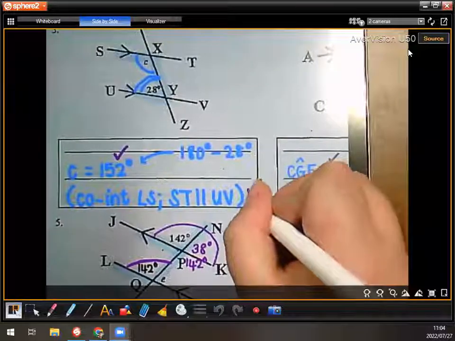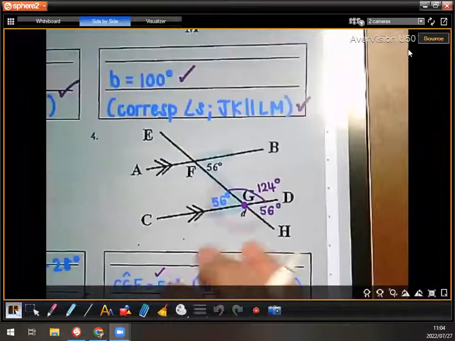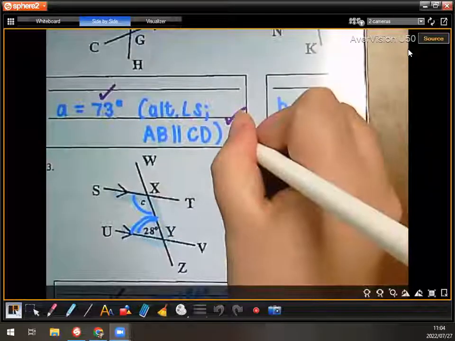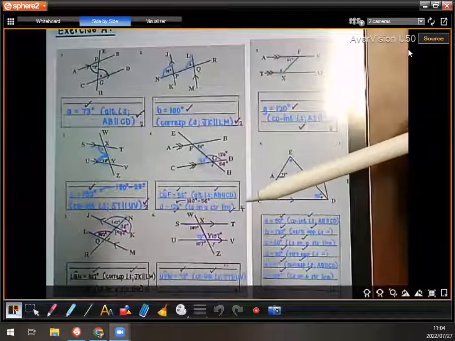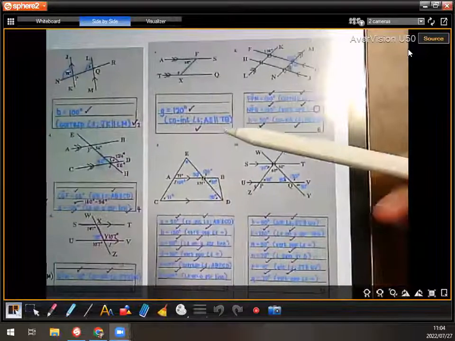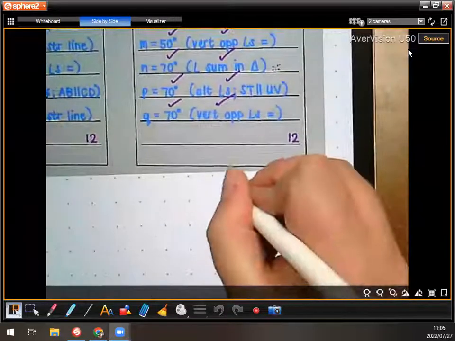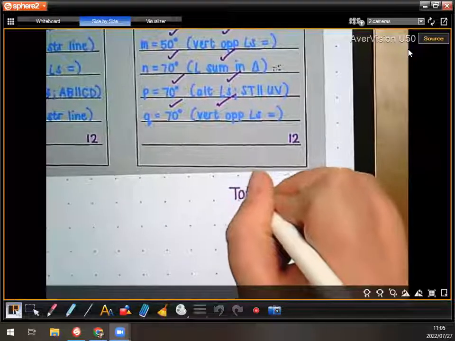Also 4, so 45. 47. And let's count. Good. 49, 51. Did I miscount? Let's see. 2, 4, 6, 10, 14, 18, 20, 26, plus 24. So that's 60, isn't it? 50, I'm sorry, 50. Okay, so guys, you can give yourself a total mark out of 50.